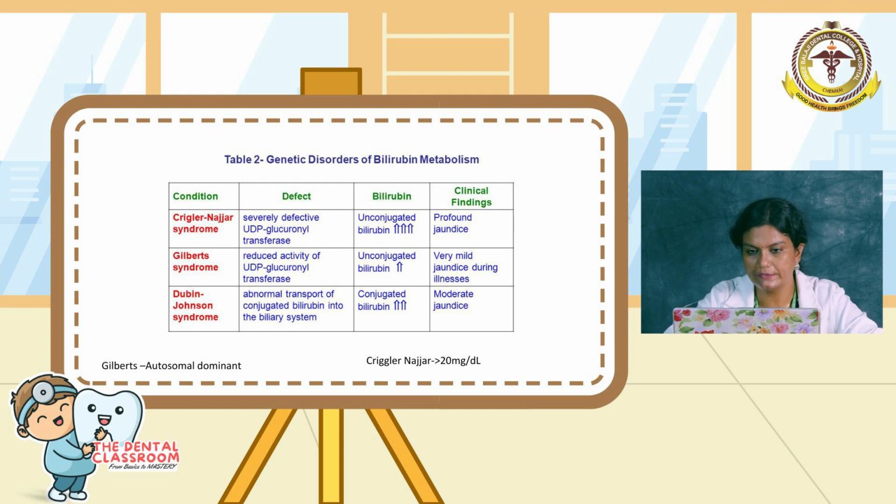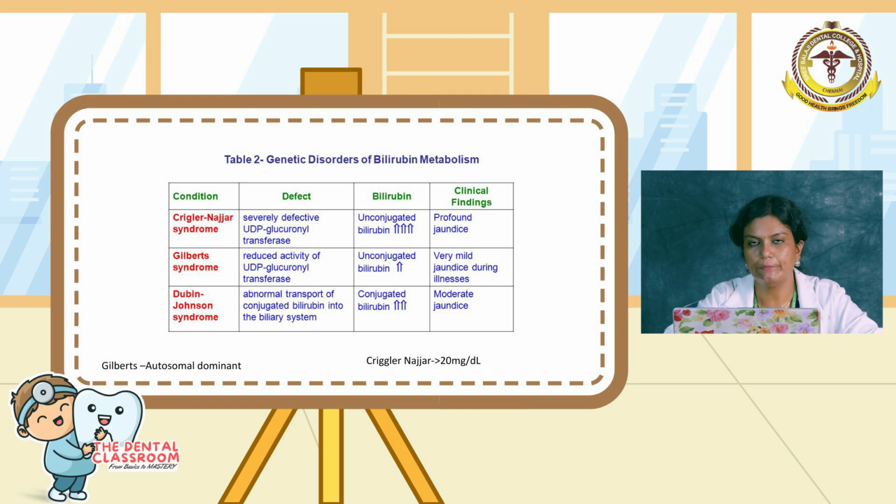Crigler-Najjar syndrome occurs because of a defective UDP glucuronyl transferase enzyme. Kindly recall that this enzyme is the key enzyme for the conjugation of bilirubin in liver. So what will be the consequence of this? In Crigler-Najjar syndrome, there will be increased amount of unconjugated bilirubin and the clinical findings would have profound jaundice, that is hyperbilirubinemia in blood.